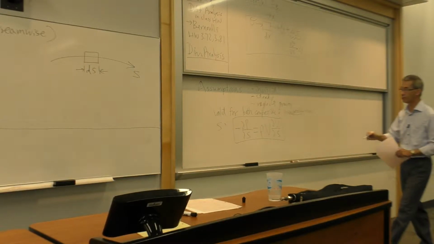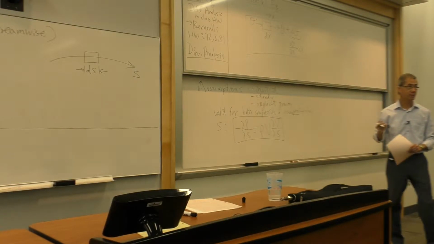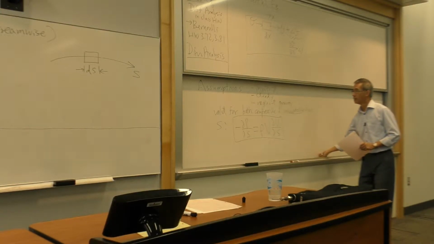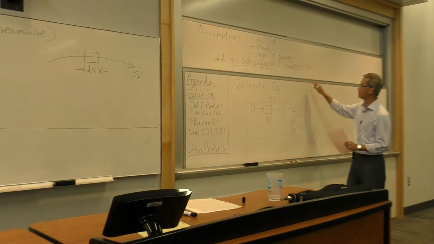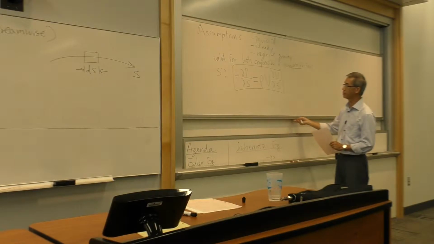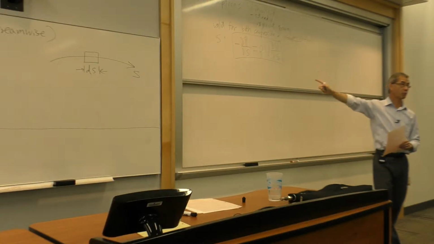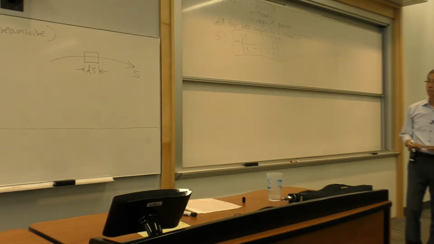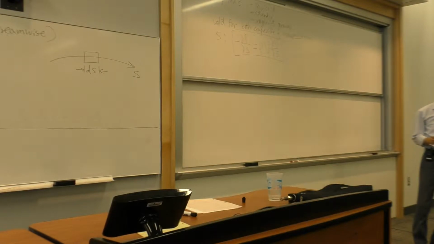Gradient because it's differentiated with respect to the coordinate S. It consists of density. It consists of a term that at first sight looks a little bit peculiar. Velocity times the velocity also gradient. How do we go from F equal to ma to this final equation?